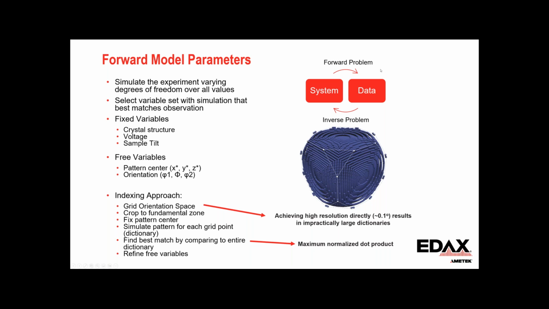So we do the forward problem for every possible orientation and then compare against all those patterns and say which one is the best match. Whatever orientation produced that match is our orientation. And so the challenge here is that to get a sufficiently high resolution, you need impractically large dictionaries. So what happens instead is we have to use a coarser dictionary and then refine the orientation between those grid points.